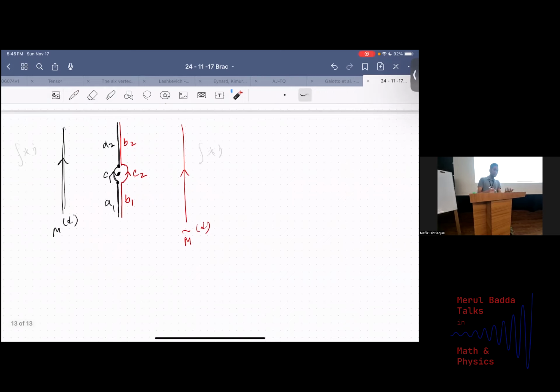So now, suppose I want to compare the operator defined here with the operator defined here. So what can I say?